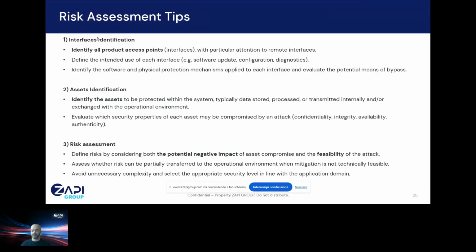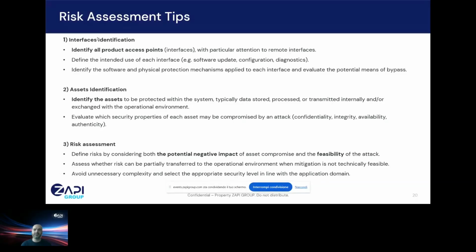The interface identification is very important because it allows the manufacturer to detect immediately what the access points of the network are, distinguishing between physical access points and remote access points.